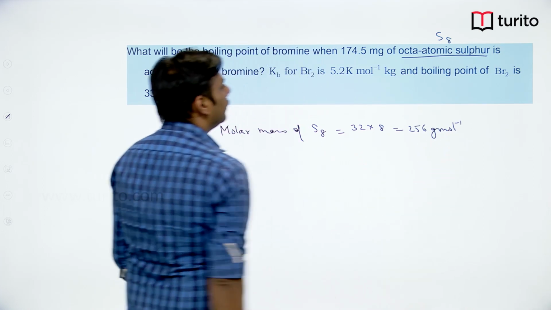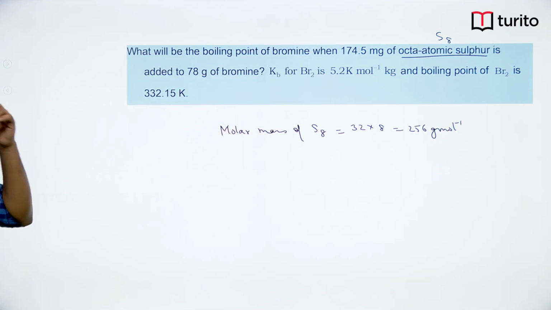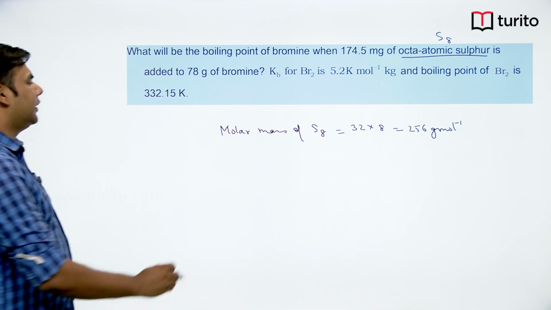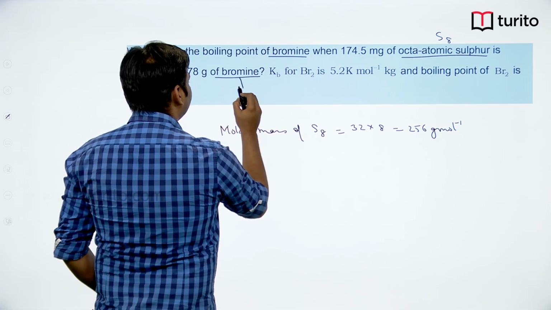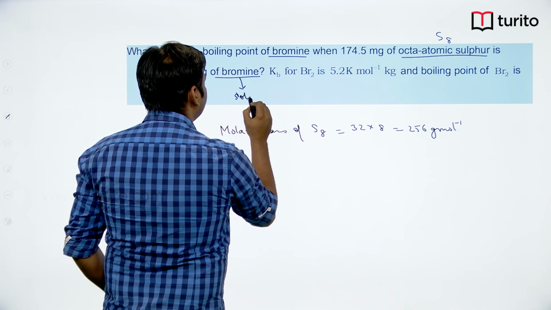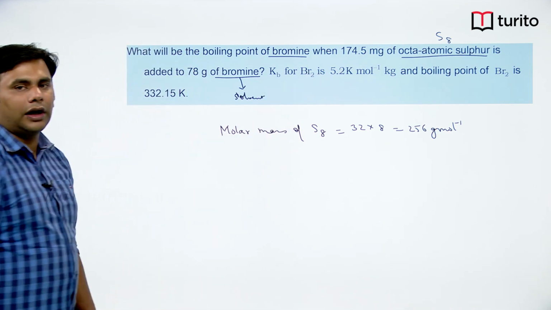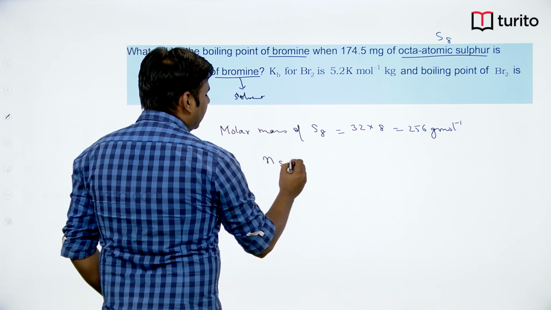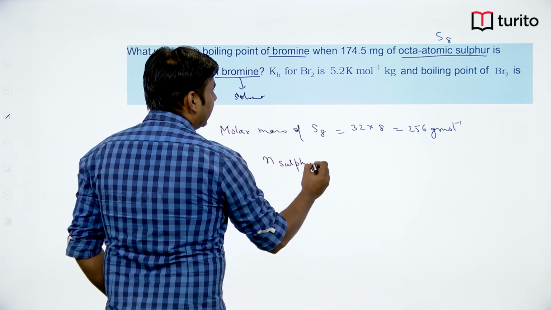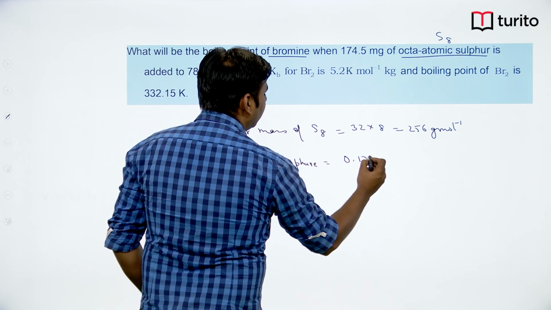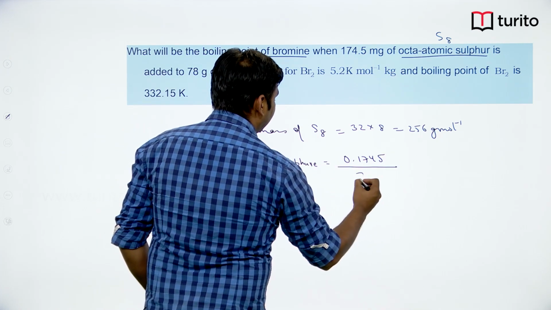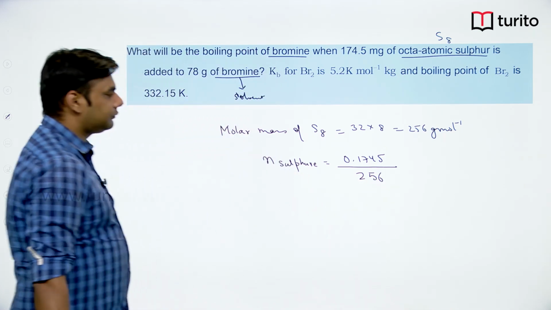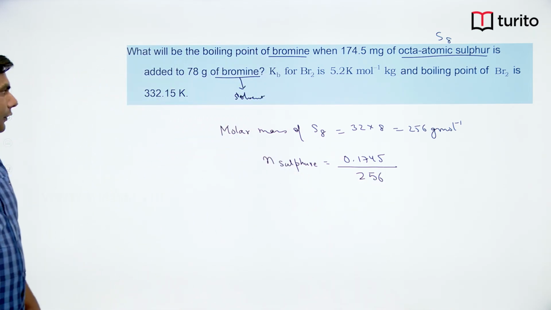So this says: what will be the boiling point of bromine when 174.5 milligrams of octaatomic sulfur is added to 78 gram of bromine. We can understand that bromine is the solvent over here, and the solute is octaatomic sulfur. The number of moles of sulfur would be 0.1745 grams divided by the molar mass of sulfur, which is 256.